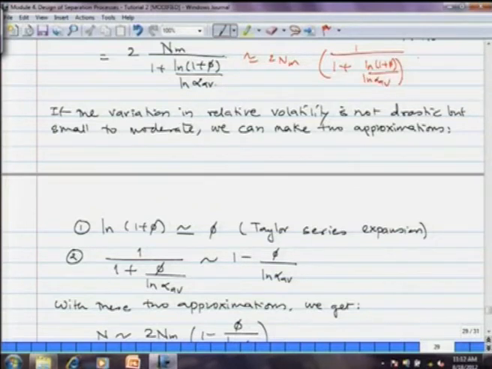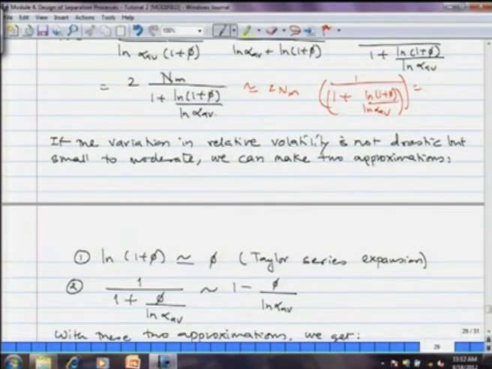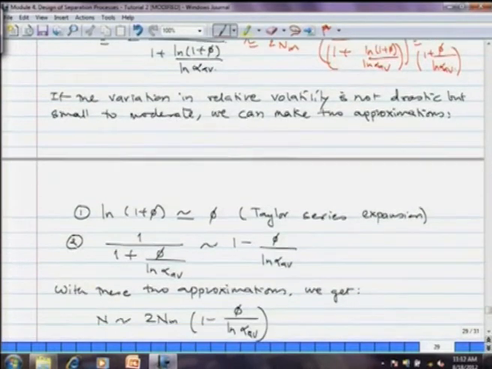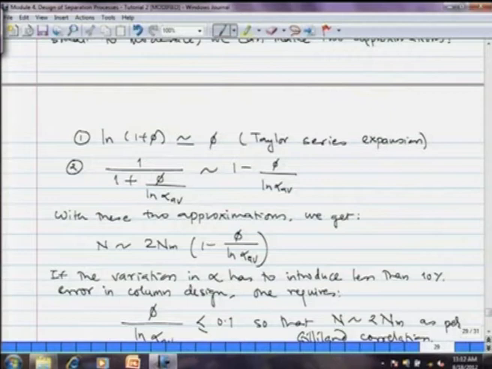Now, we have already approximated ln 1 plus phi as phi, and then what we get is this. So, the denominator of this expression can be expanded in terms of Taylor series again as 1 minus phi divided by ln alpha av.